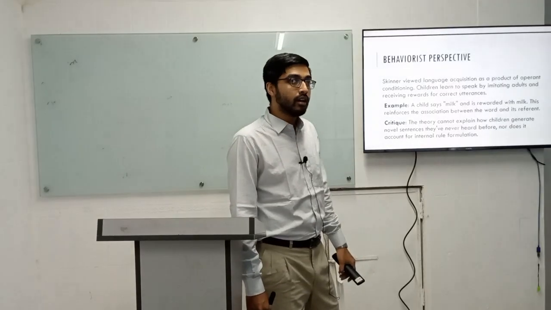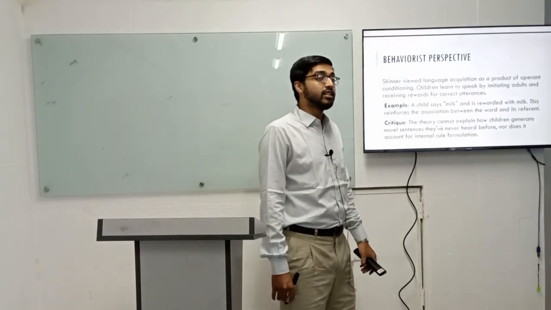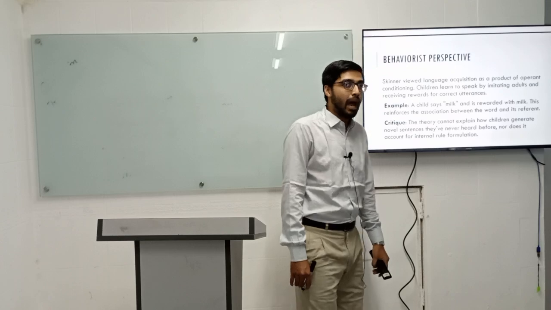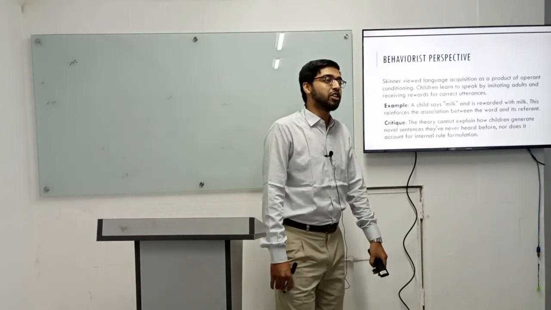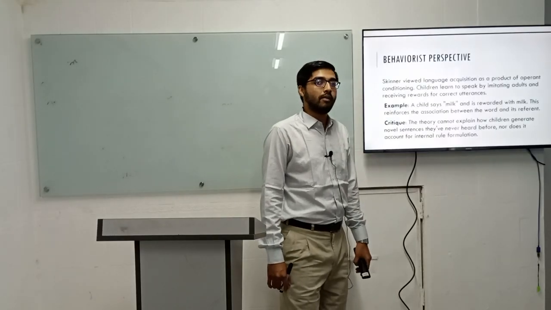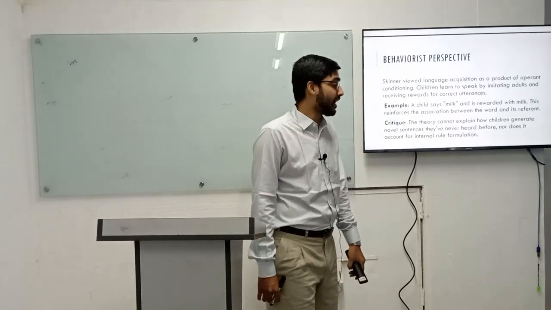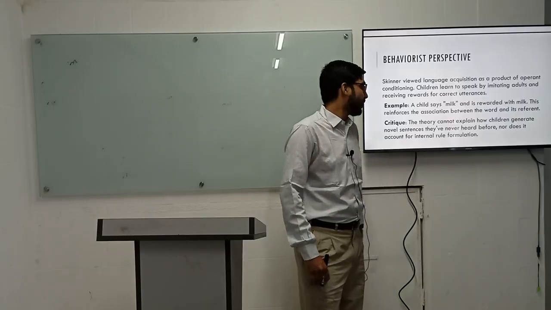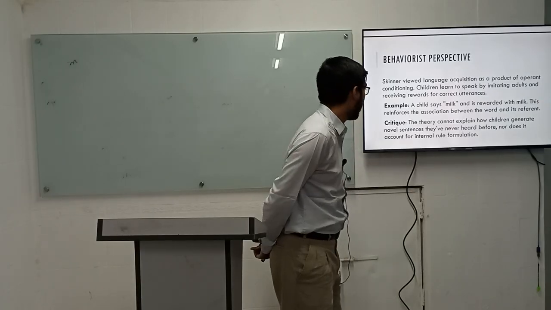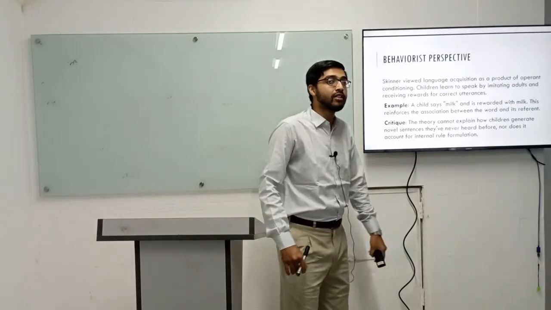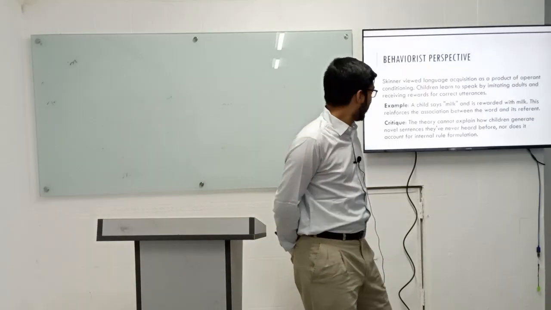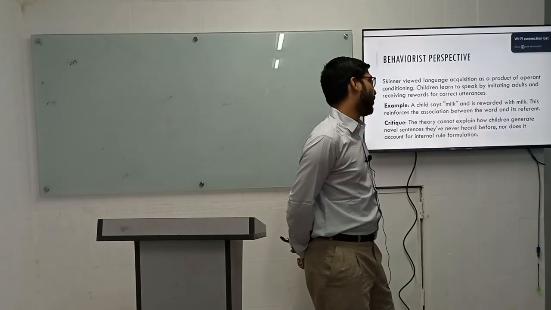That's why science fiction happens, because we have innate ability. Exactly. So this is the critic. The theory cannot explain how children generate novel sentences. Novel means new, anything they have never heard before.